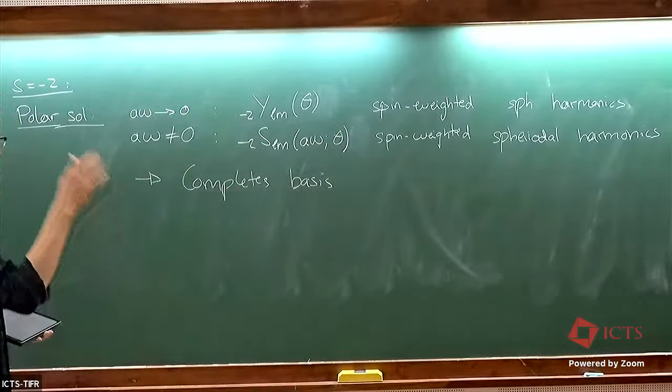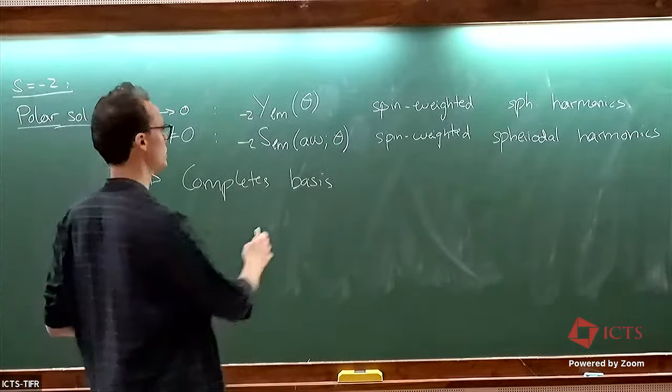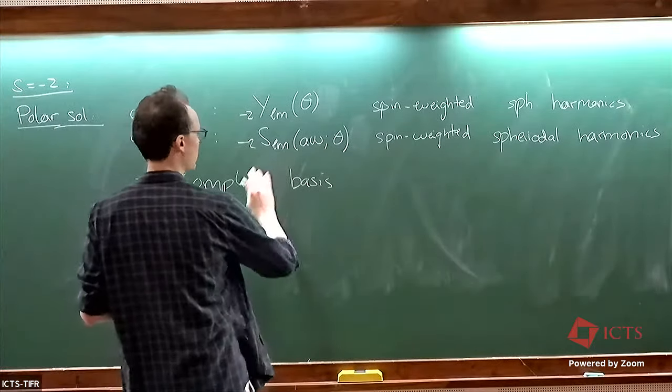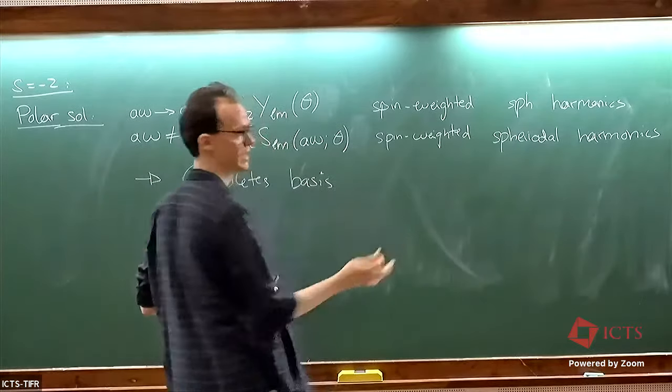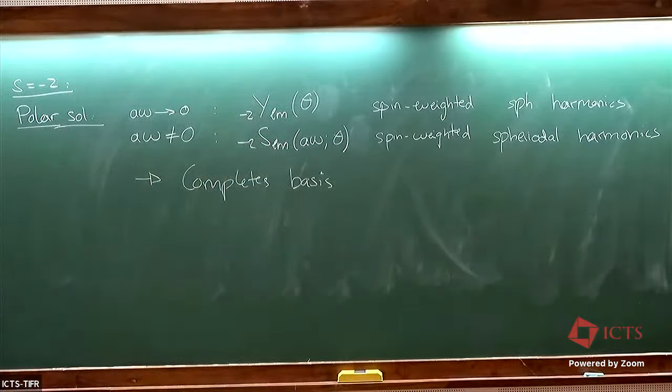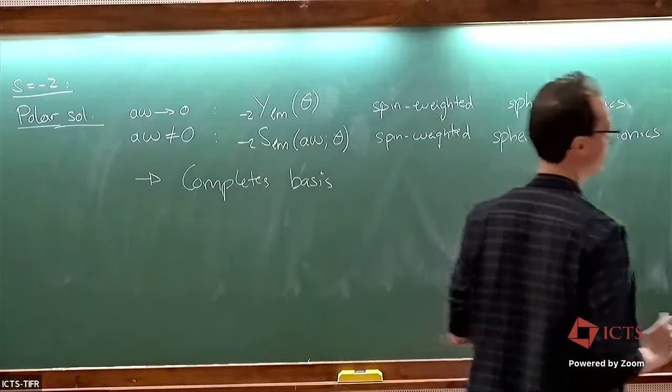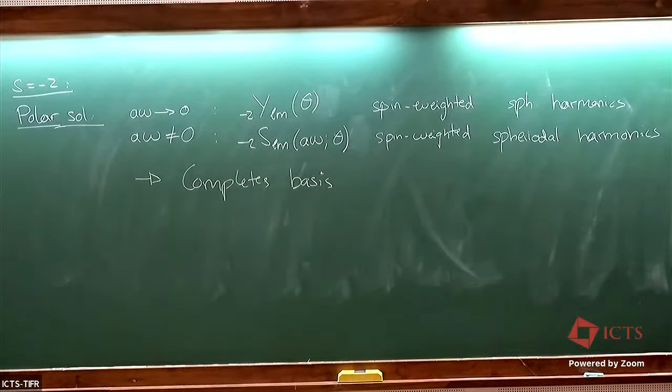So it's basically just the e to the i m phi that they include in the definition of this or not. But these form a complete basis, and so you can expand any function of theta in these spheroidal harmonics. And that's exactly what we're going to do with our psi4. Okay, so we already know that the psi4 is basically of this form, where S is now a spin-weighted spheroidal harmonic.